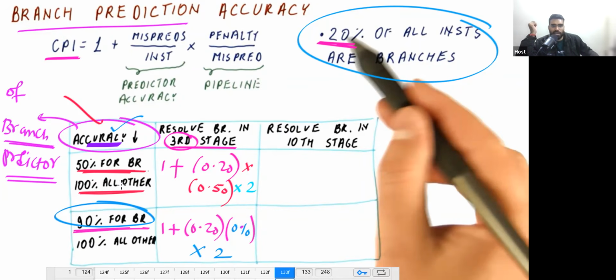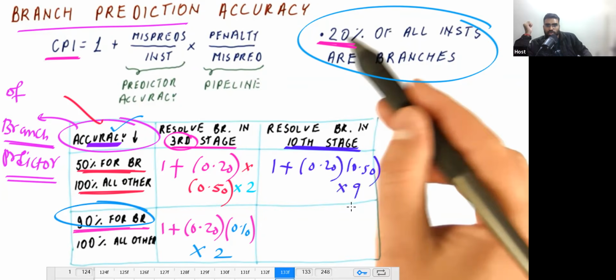Clear? Only this data is changing. Very simple. Instead of this 2, just use 9. That's it. This is your answer. Correct?